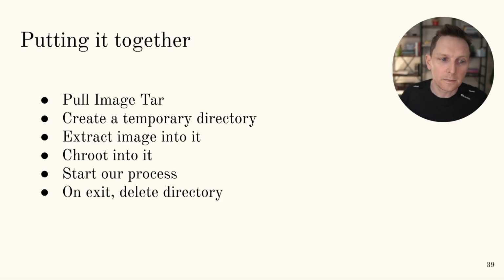Then I can change root into that, start our process, right? And then on exit, I'm going to delete it. And that, for all intents and purposes, should look the same as when I do a docker run. And the reason it looks an awful lot the same is because it's very similar, right? This is what Jerome was getting at. We'll get to that soon, though.